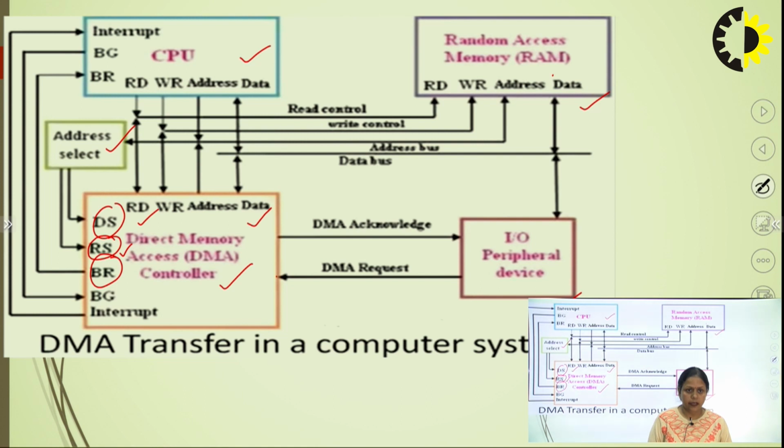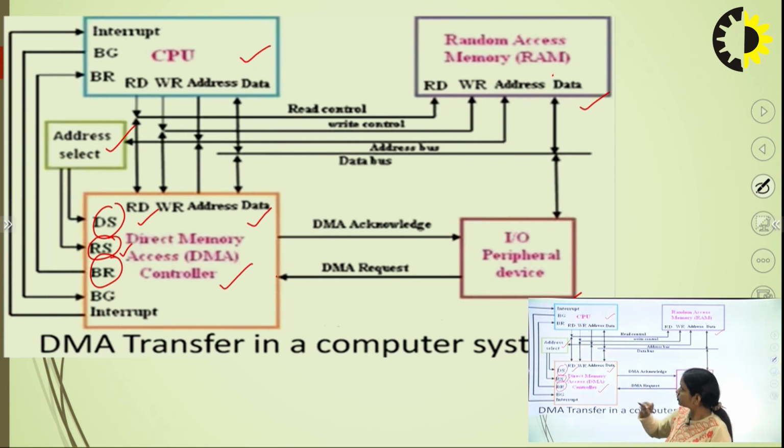Register select will select registers from the direct memory access. We have 3 registers here or other components also. So, to select the particular register, we have register select here. So, by the help of DMA select and register select, we will select the DMA and register from the DMA controller. Fine.